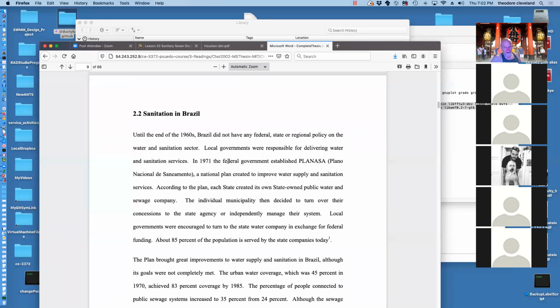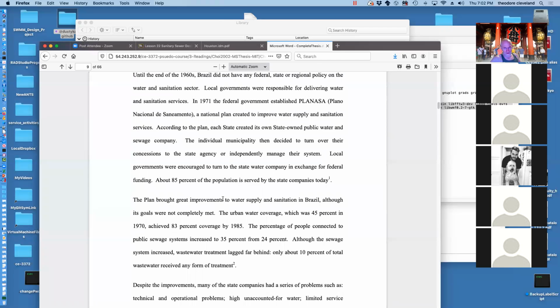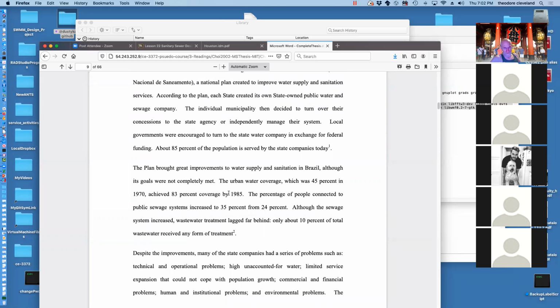And in this location, there's a desire to take the older part of that city and provide effective sanitary sewage, which it did not have at the time of this report. Roughly by 1985, only about 83% of the urban areas in the nation had effective sewerage, and the percentage of people connected to sewerage is 35% of the population.